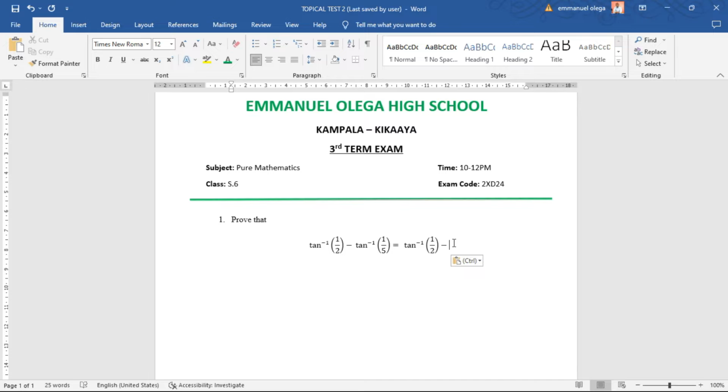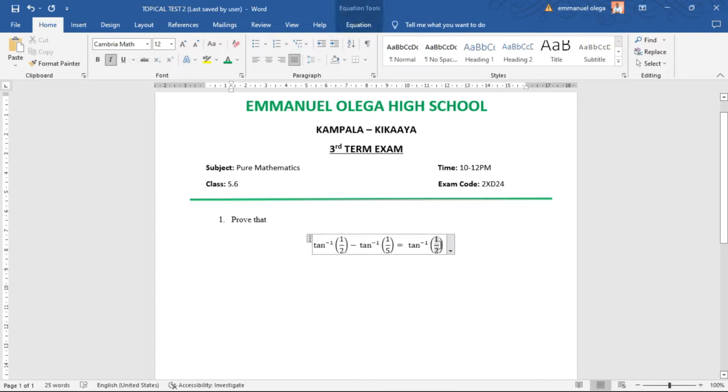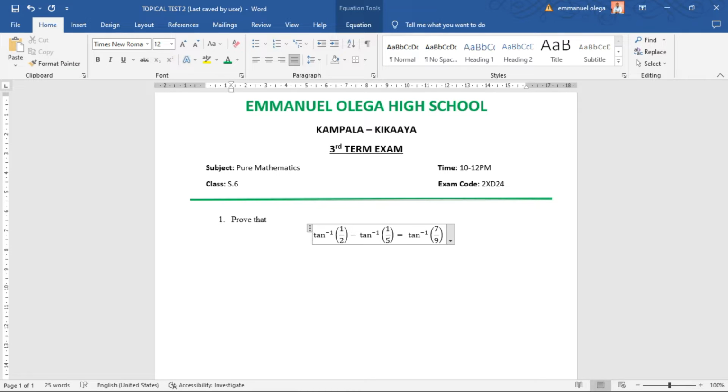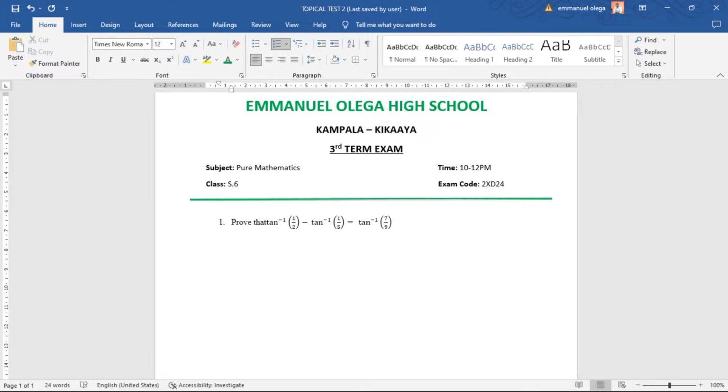Click V. Alright, so the next value is 7 over 9. Alright, and there we go. We have our first equation. Alright, so that's going to be our number 1. So that's how I would type the trigonometric equation.